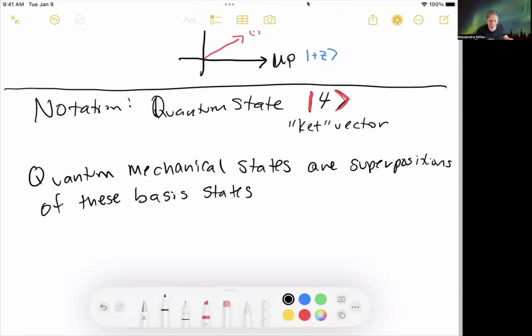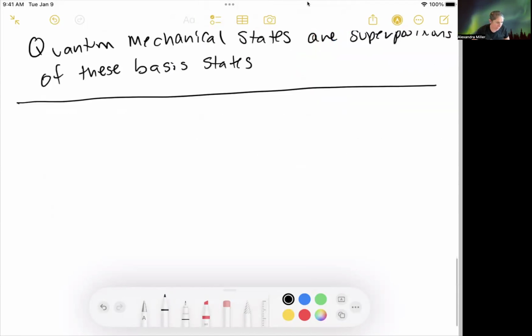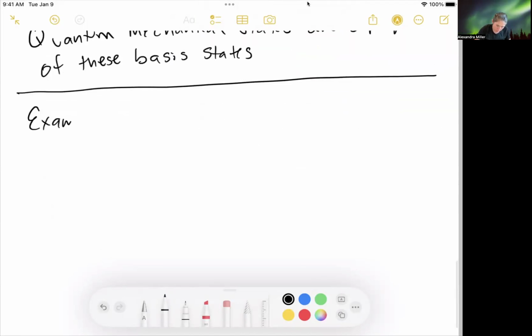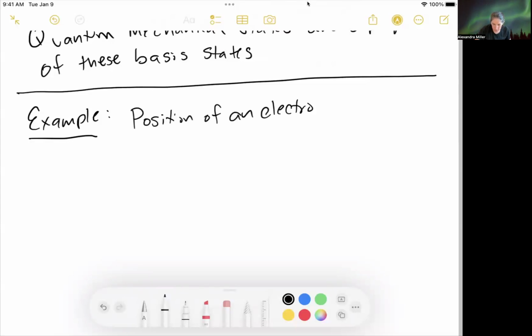Which we'll talk more about in general. Let's look at another example, which is the position of an electron. The Hilbert space of that. In general, if we have some free electron, or even an electron in some potential, it can be anywhere.